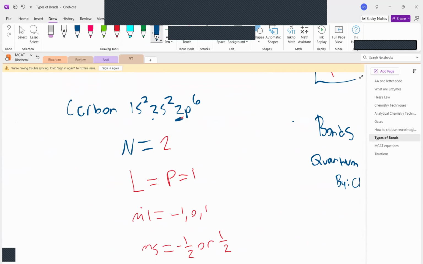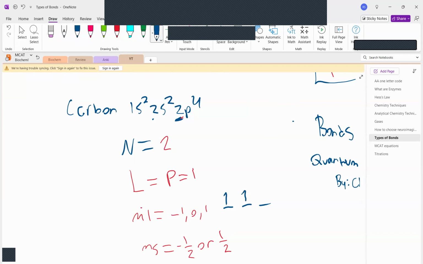Angular quantum number is p, which is equivalent to 1. It's in the p subshell. ML will be plus or minus that 1 value, so it's minus 1, 0, and 1. And then it could either be, not 2p6, 2p2, so it'll either be minus 1/2 or 1/2.